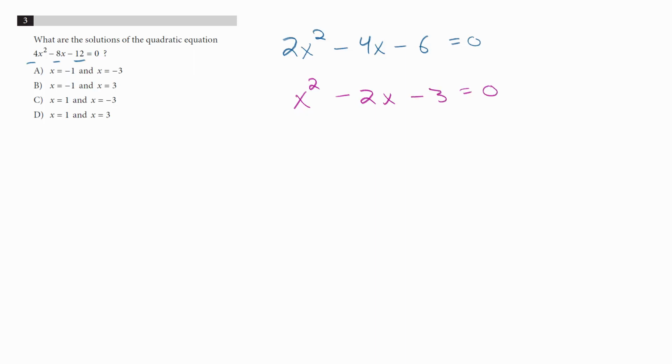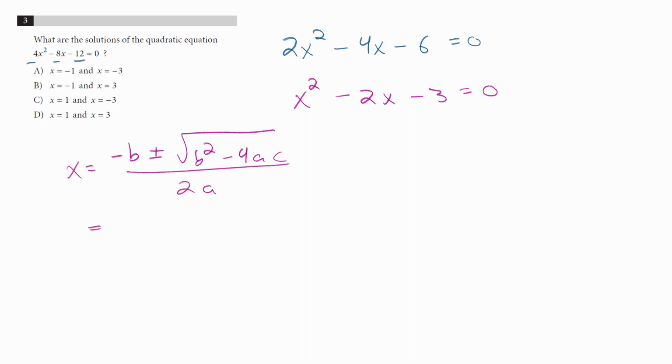Now you can use the quadratic formula. You can factor it into two binomials, but I'm going to go ahead and pull out the quadratic formula. So x is going to equal the opposite of b plus or minus the square root of b squared minus 4ac all over 2a.